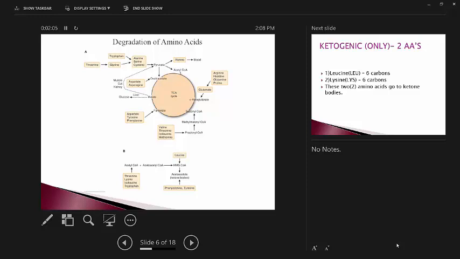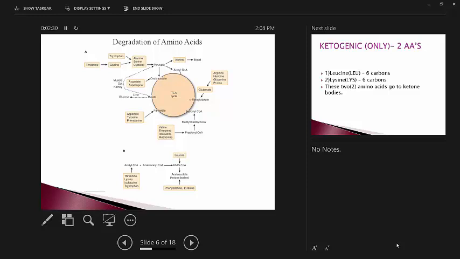Okay. Let me ask a question. Are even-chain fatty acids gluconeogenic or ketogenic? I was very specific to say even chain.